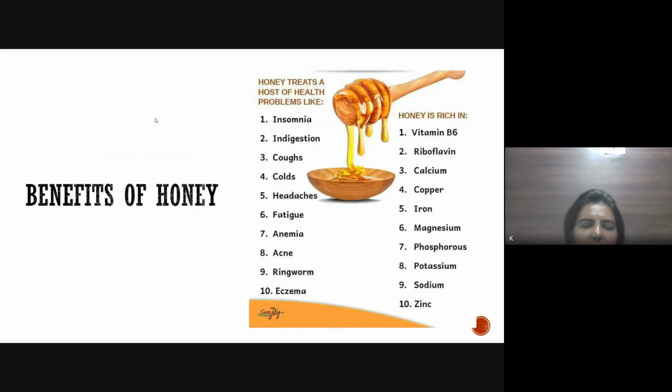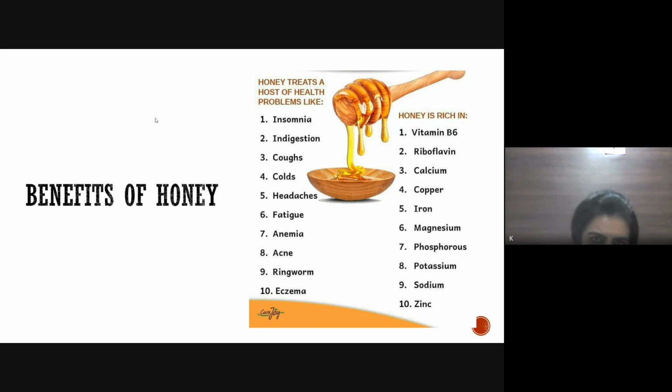Coming to the different benefits of honey, all of you must have used it for numerous ailments. Honey and some pepper, if you have cough or cold, is usually recommended by senior people in the house. If you have sleeplessness, it's possible you can have relief from insomnia.